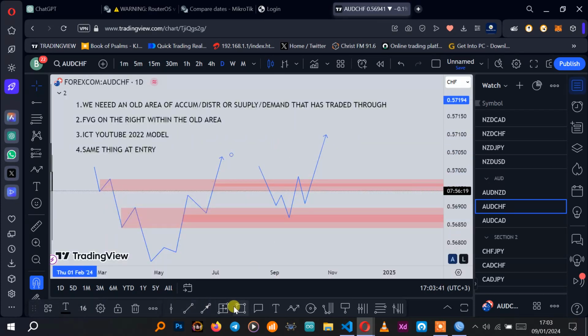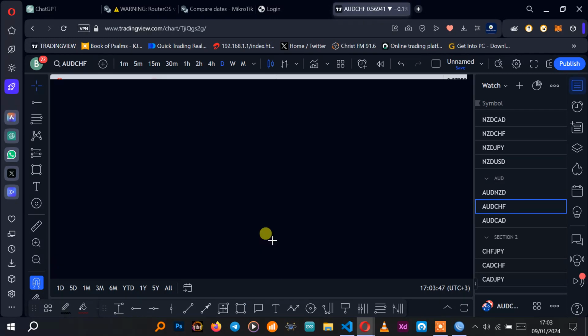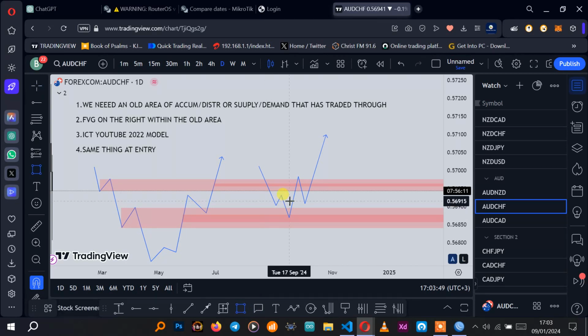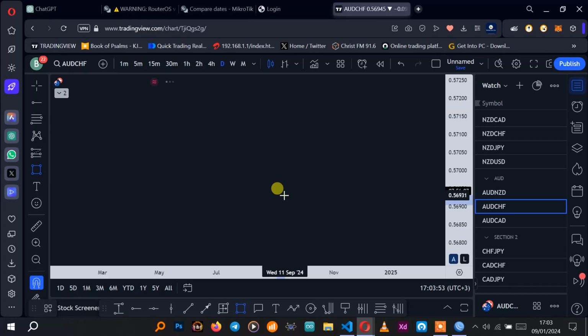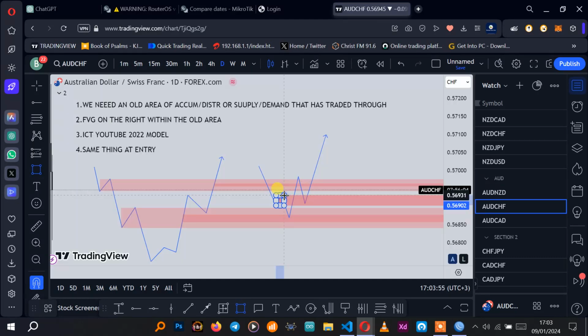So you highlight this area out. Sorry, I think I have issues with my network. I just had a lag. All right, so you highlight that old area of redistribution and extend it out to the other side.